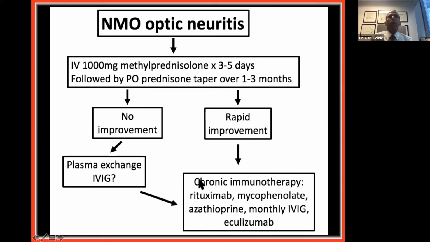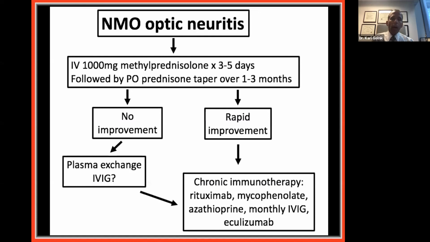And then what about treatment? This is actually right from that review paper that I just cited, on NMO optic neuritis. The good news is this is usually treated like lots of different kinds of optic neuritis: 3 to 5 days of intravenous methylprednisolone, followed by, not like demyelinating disease, a slower, longer prednisone taper.